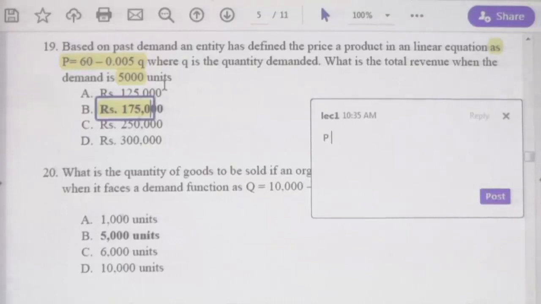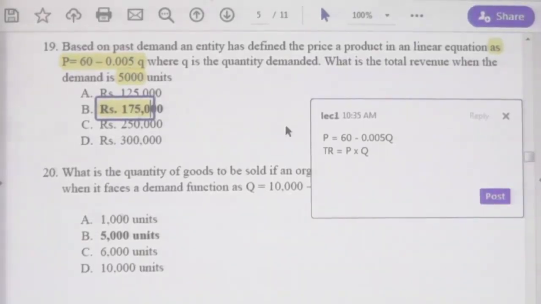Price function given, price equals 60 minus 0.005 Q. From the price, we know we can get total revenue. Total revenue equals price multiplied by Q. They ask what is the total revenue when the quantity is 5000.